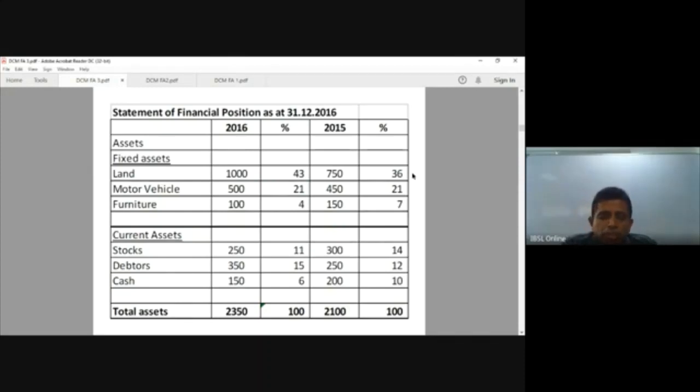Therefore, the best option is to use these vertical type of techniques where all the things will be expressed as percentages. As a percentage, what is the amount? If you go to the example that I have taken, the PAT and the sales, what is the percentage?